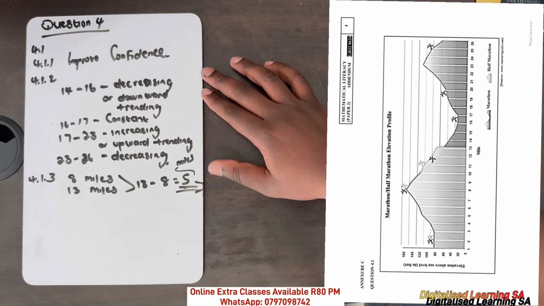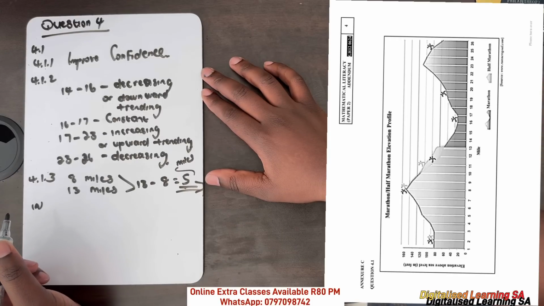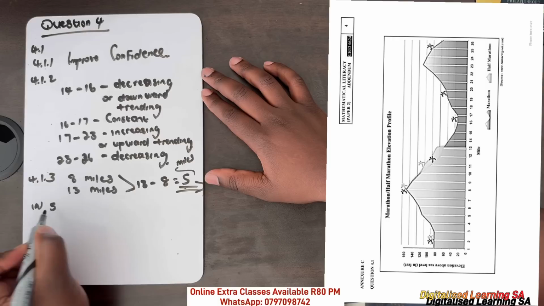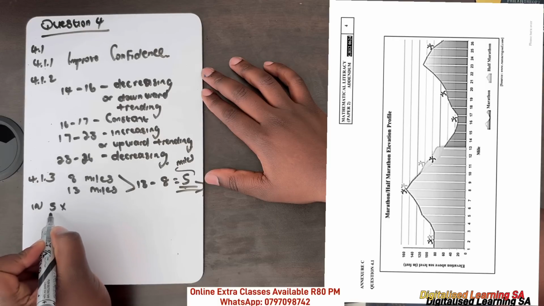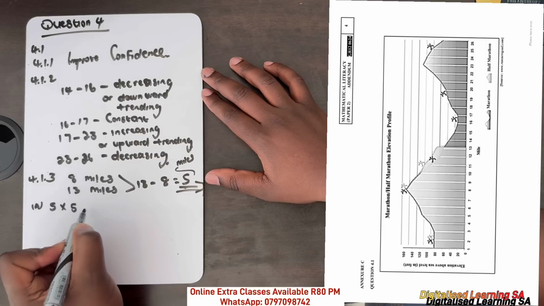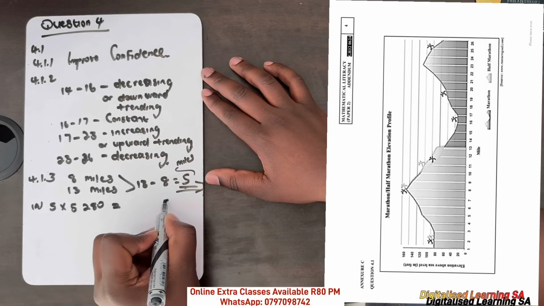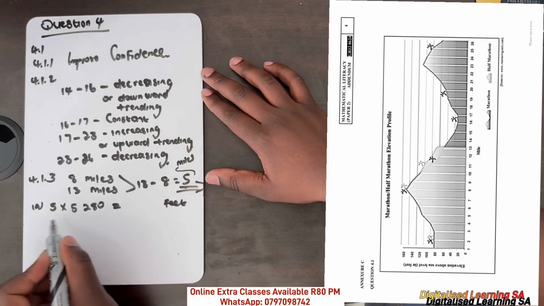So what we need to do first would be to convert miles to feet. So step 1 would be to convert miles to feet, and we are told that 1 mile is equals to 5,280 feet. So to convert 5 miles into feet, we'll then take our 5 miles and multiply by 5,280, and then we'll get our answer in feet.